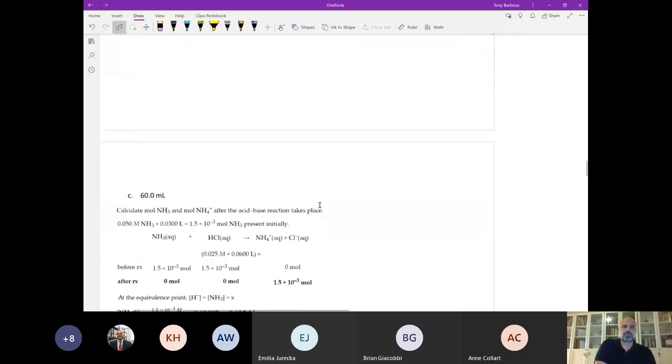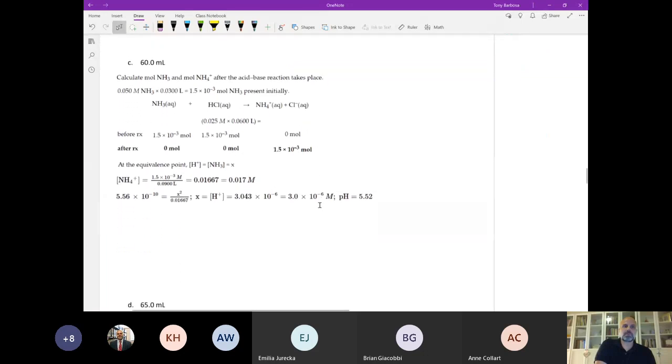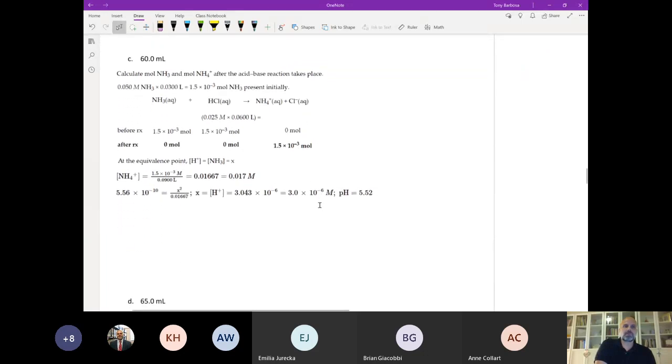And then the next problem with 60 milliliters of hydrochloric acid. Now we're looking at an example where the quantity of HCl that we're adding is going to be exactly the quantity, number of moles, of ammonia that we have. So in this case, the quantity of ammonia is exactly the same as the last one. The numbers haven't changed. So our 1.5 times 10 to the minus 3 stays the same.